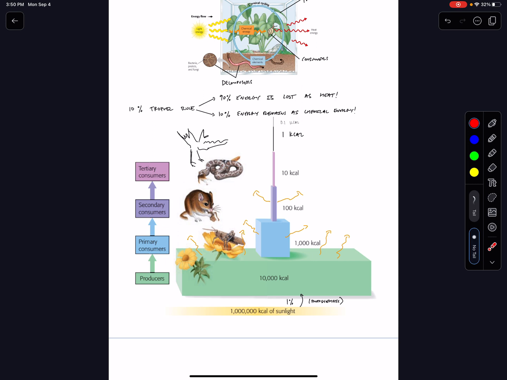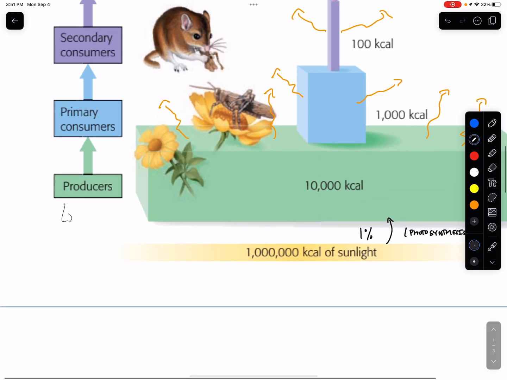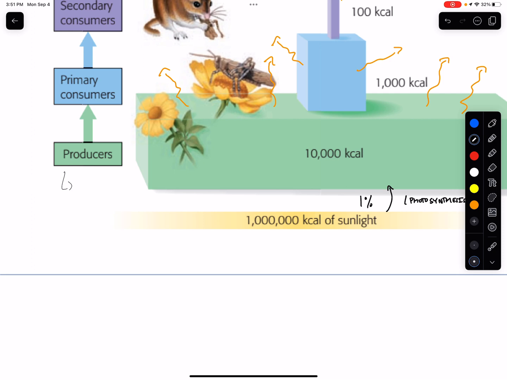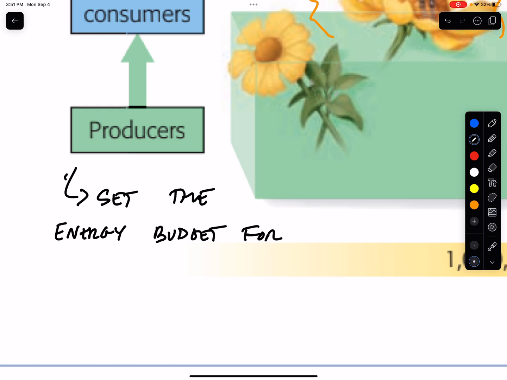So ecosystems can only get so tall because of this 10% trophic rule, the fact that you're losing 90% of the energy every time you jump up a trophic level. So really, our primary producers, they set the energy budget for the ecosystem.